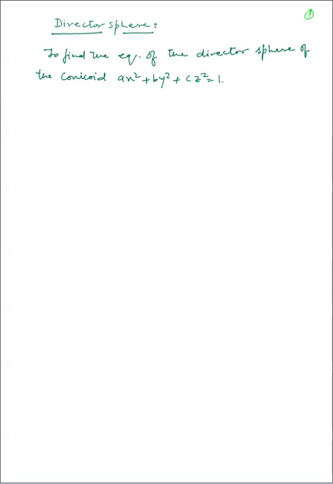And the definition we can say, and this was the question in 2017, that we have to find the locus of the point of intersection of three mutually perpendicular tangent planes to a conicoid is defined as the director sphere. So we can write it in the form of a question, but right now I am writing the form of definition.